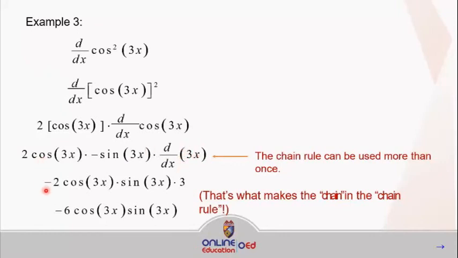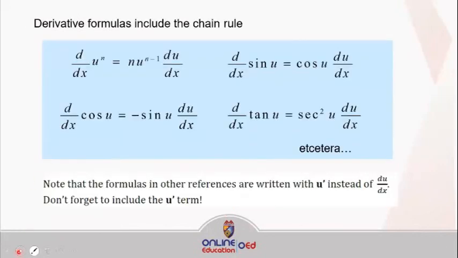Therefore, we have the negative 2 cosine 3x times the sine 3x times yung 3. And then, ang value natin is we have the negative 6. Minultiply na rin natin dito sa 2. So, we have the negative 6 cosine 3x sine 3x. Yan yung solution for the example number 2.